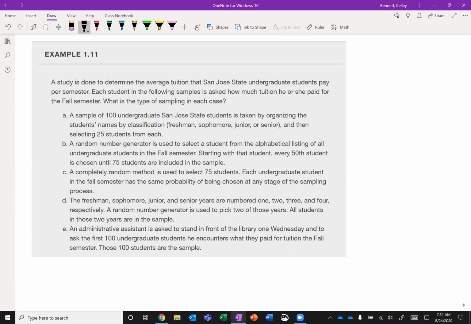We know that SRS is simple random sample, so everyone is equally likely to be chosen.